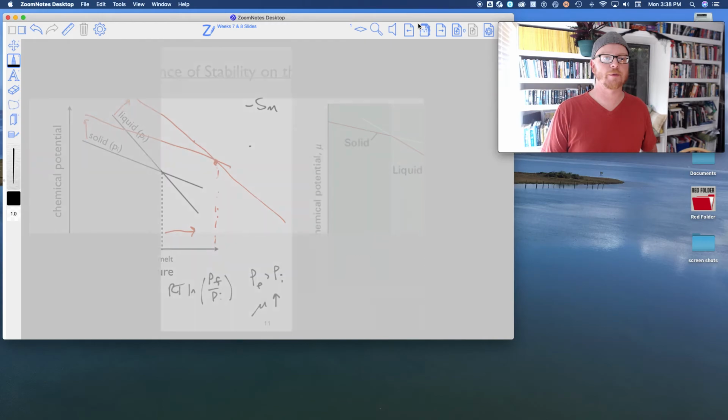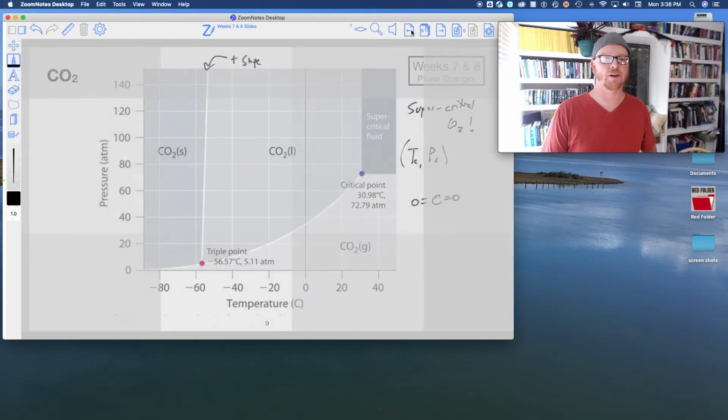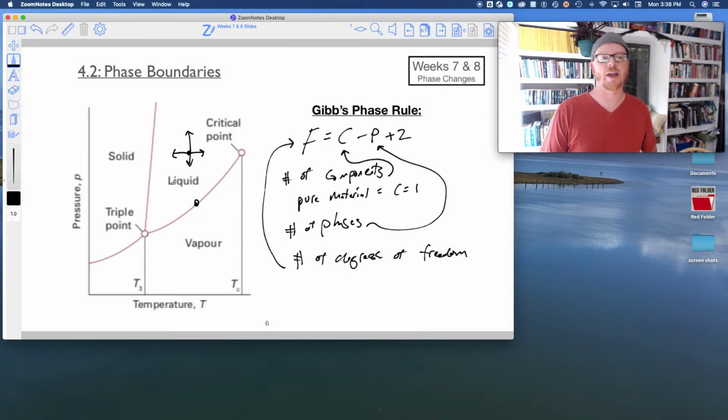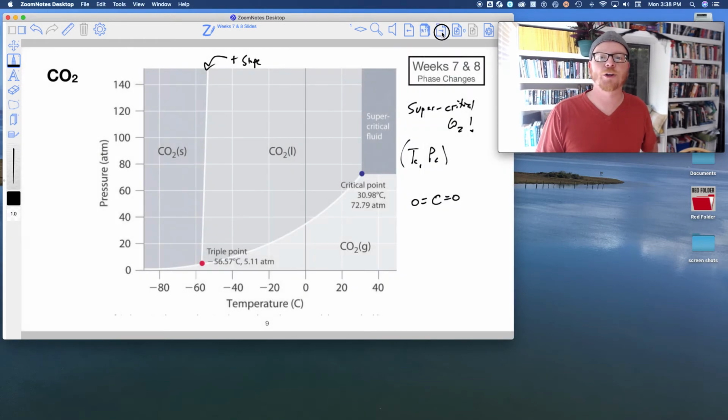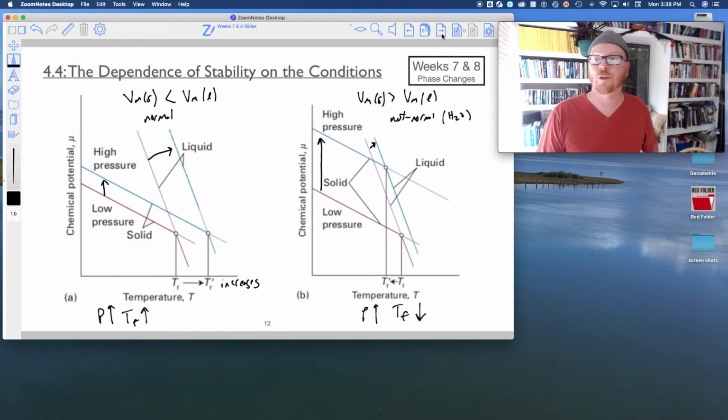So on a generic phase diagram, we derived the liquid vapor equation, that's that Clausius-Clapeyron equation. The solid vapor equation is the same as Clausius-Clapeyron, except it's delta H of sublimation instead of delta H of vaporization. And then the solid liquid boundary line, we also derived. So that gives us all three of those lines. And that's what you're going to do in your Igor 3.